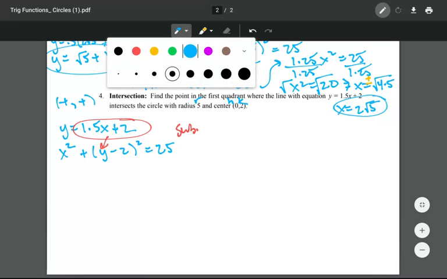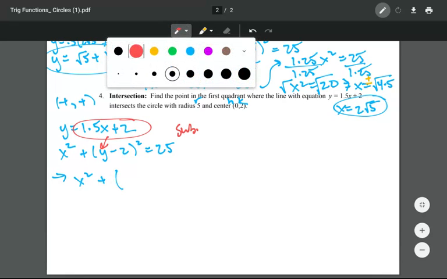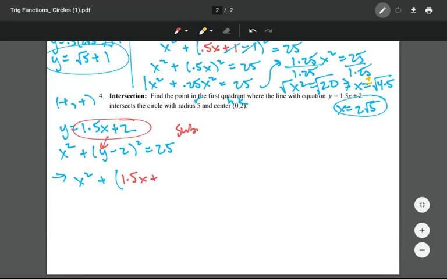So substituting that in, I've got x squared plus, this is where my y goes. y is 1.5x plus 2, minus a 2, squared equals 25. The 2's cancel, and I get x squared plus (1.5x) squared equals 25.